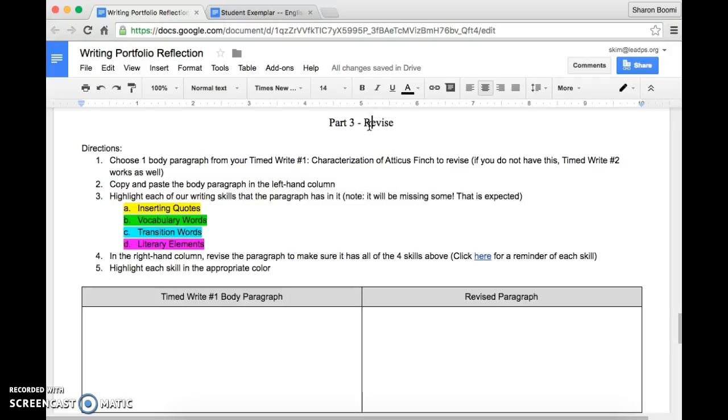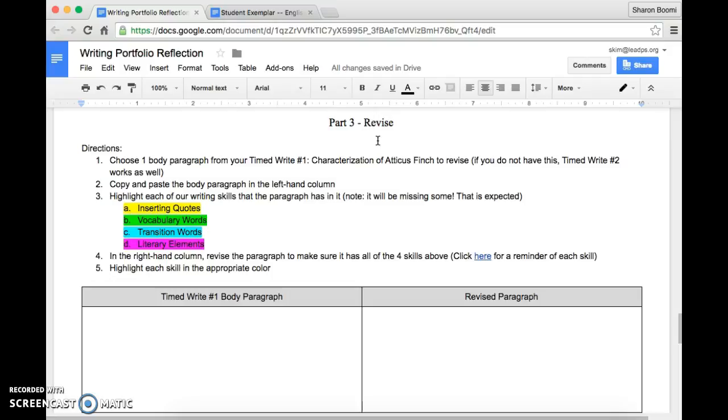And then a 6 had excellent organization, excellent commentary, and presented original ideas. So ideas that were creative, that came specifically and only from you, that weren't based off of anything that we said in class, just things that you thought of on your own. So that's what distinguishes a 6 from a 5 and a 4.